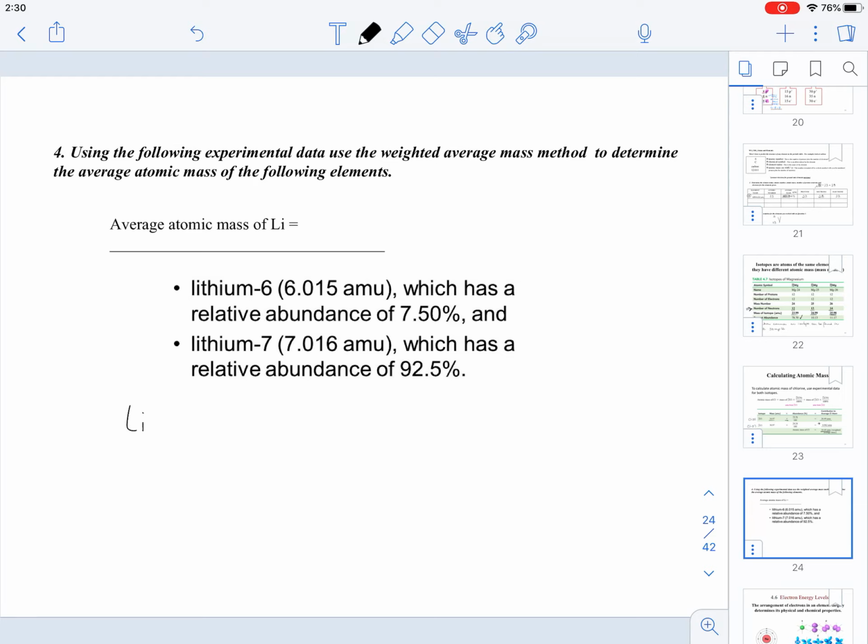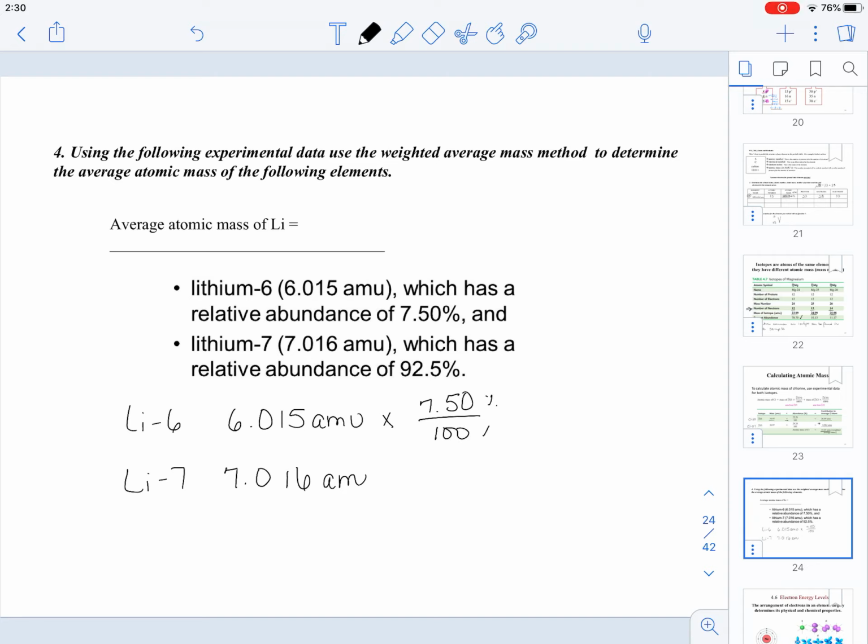So we have lithium 6, and we have the mass of that isotope, which is 6.015 AMU. We have lithium 7, which has a mass of 7.016 AMU. Then we're going to convert the percent abundance, so 7.50, we're going to divide it by 100.